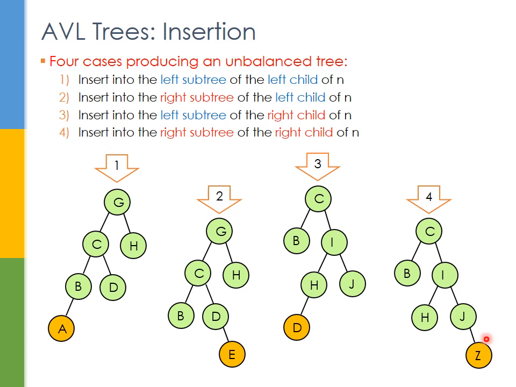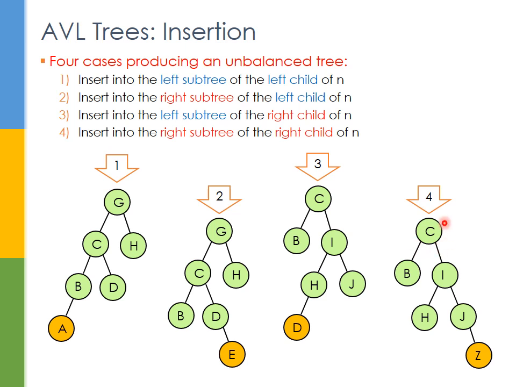So here we are inserting a node Z, and we again update the balance factors from the newly inserted node to the root. So we update the balance factors for J, I, and C over there. Again, we will see that nodes I and J still have valid balance factors after they are updated.